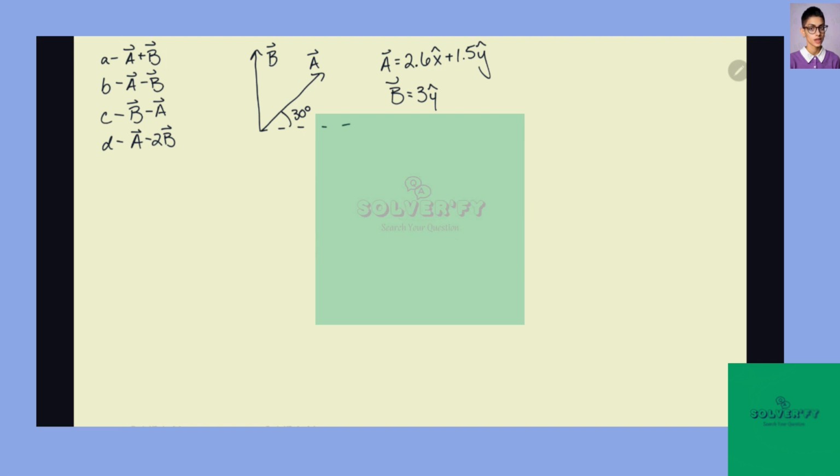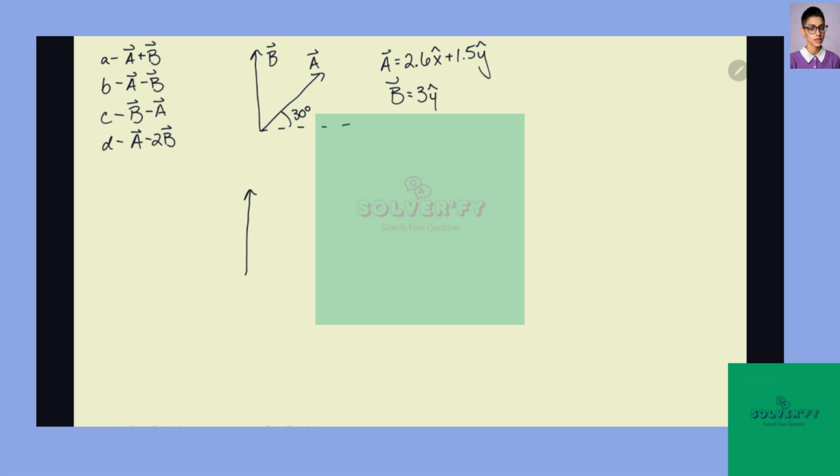So part C, we want B minus A. So let's first take a look at that graphically. We're first going to draw our vector B, right?